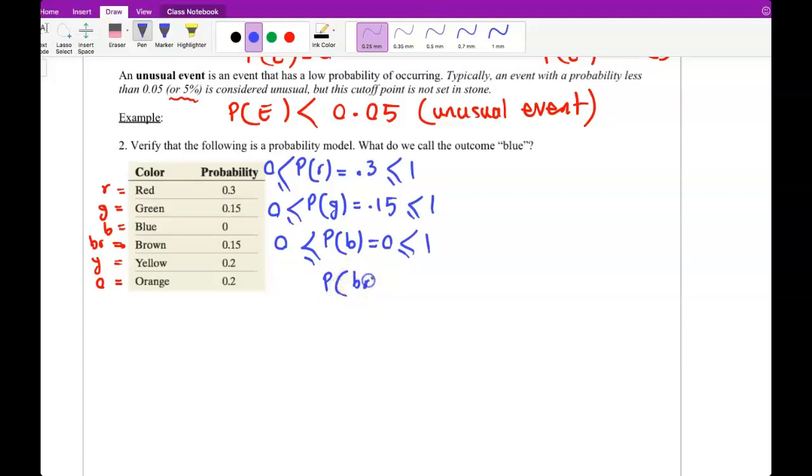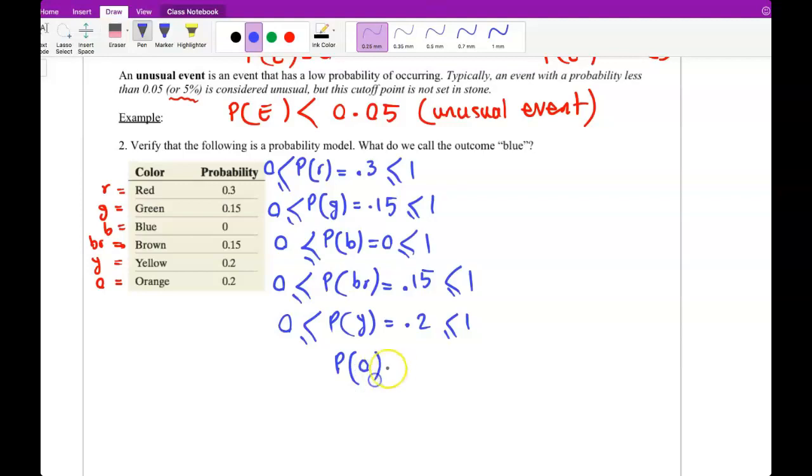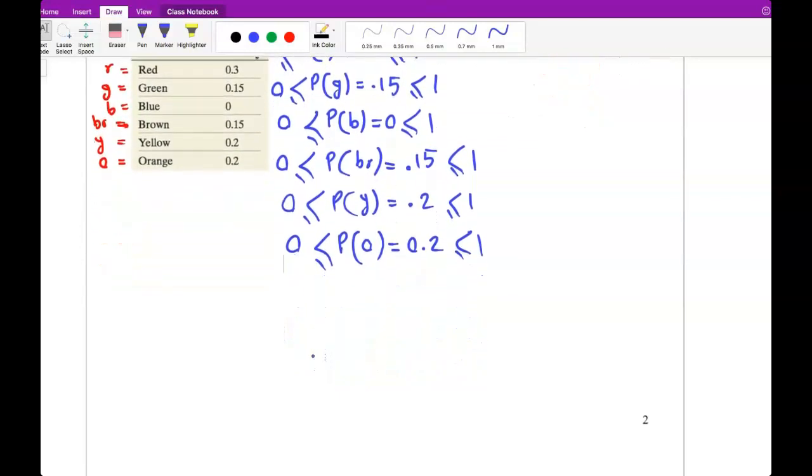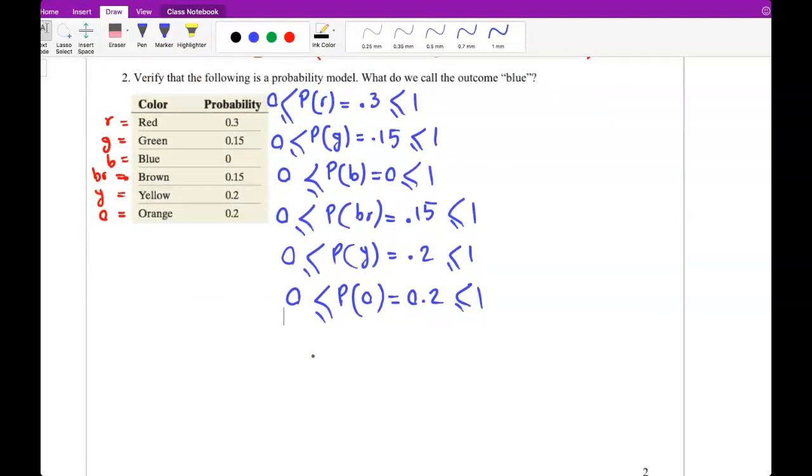The probability of brown is again 0.15, so it's between 0 and 1. Yellow is 0.2, again between. And finally, the probability of orange is again 0.2, between 0 and 1. So all of these probabilities are between 0 and 1.